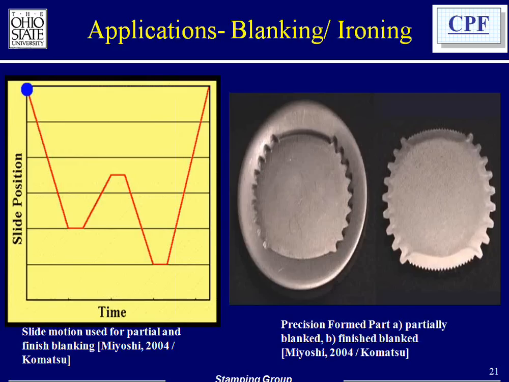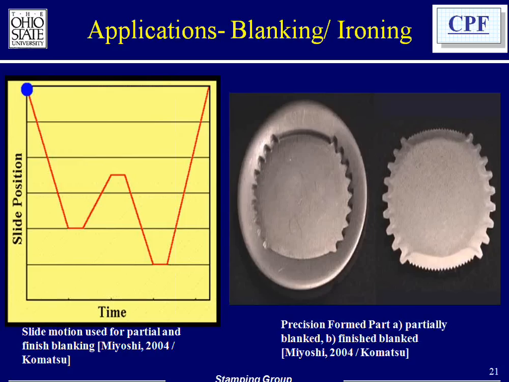Some examples. This I have taken from Mr. Miyoshi Komatsu, engineer. And what you see here is that by changing the speed of the ram during blanking operation, you can precisely control it, precisely meaning in terms of 10 microns or so or less.